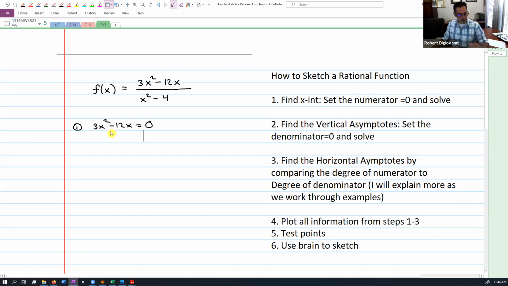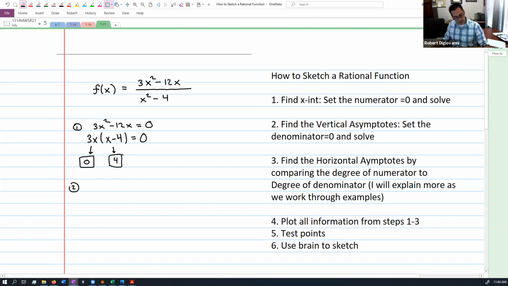I can factor a greatest common factor out. 3x can come out. I'm left with x minus 4. And then I set each of these equal to 0, and I get two solutions, 0 and 4. I'm not showing that little step, but I'm assuming you can get this.